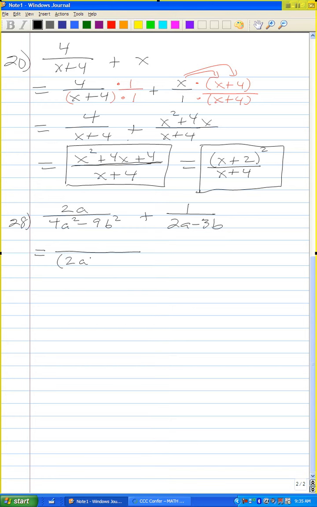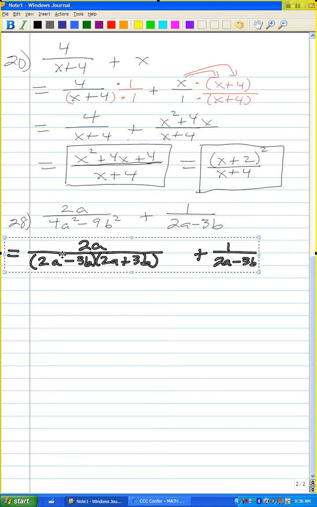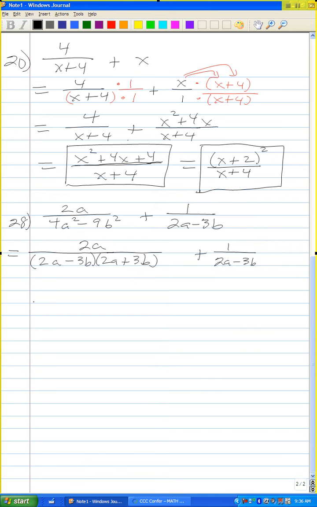Well, the denominator factors into 2a minus 3b and 2a plus 3b. This is the difference of squares, so I can factor it. And, well, you really can't do anything with that. So the least common denominator in this case is just 2a minus 3b times 2a plus 3b.